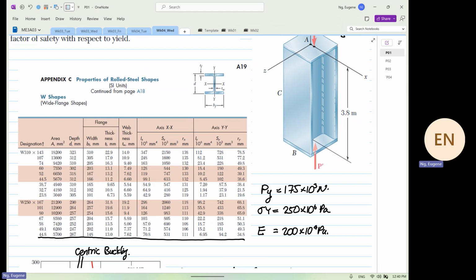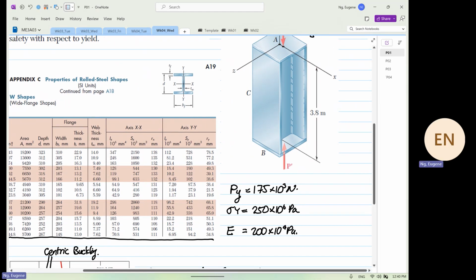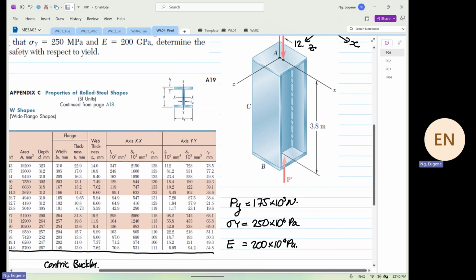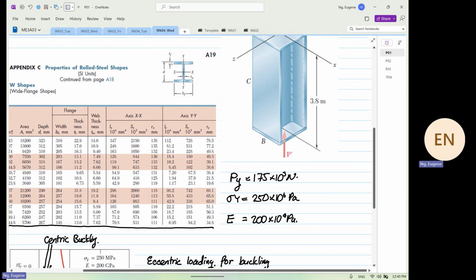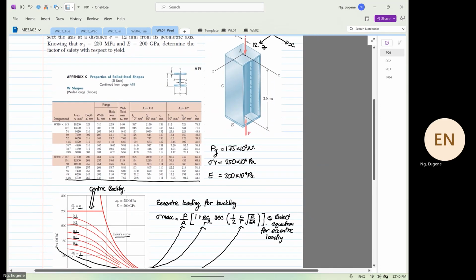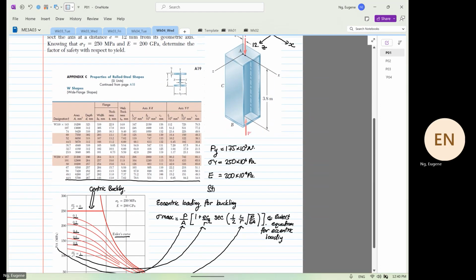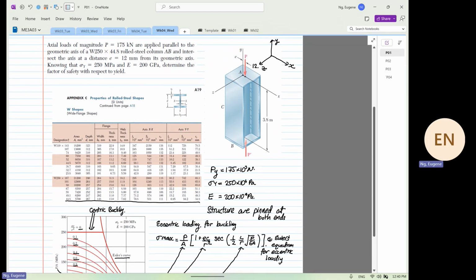Now, looking at this structure, we know that the structure is pinned at both ends. I repeat again, the structure is pinned at both ends because over here, M is equal to 0 at the top, and at the bottom, M is equal to 0.